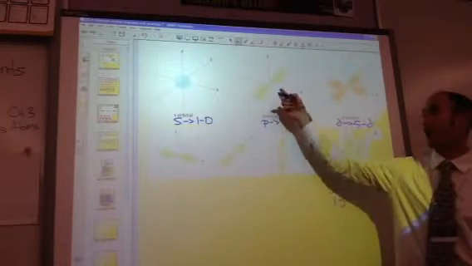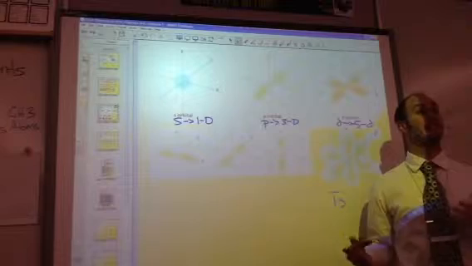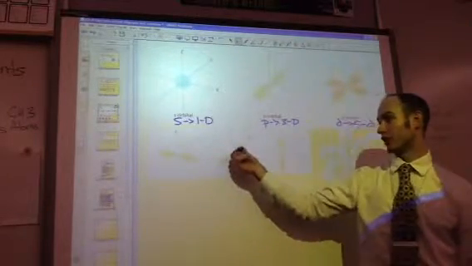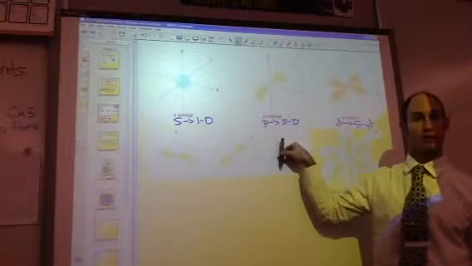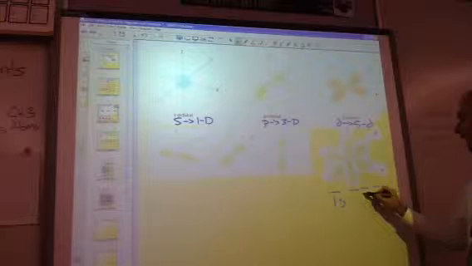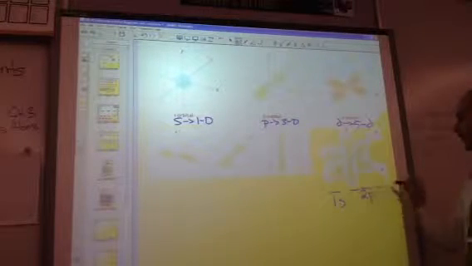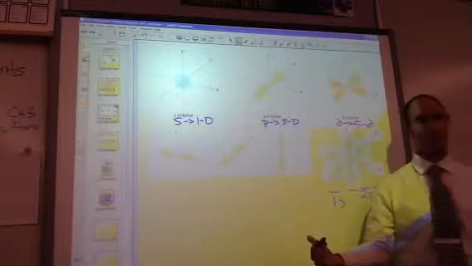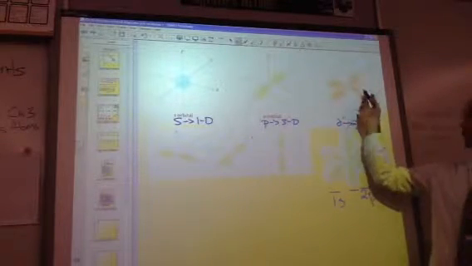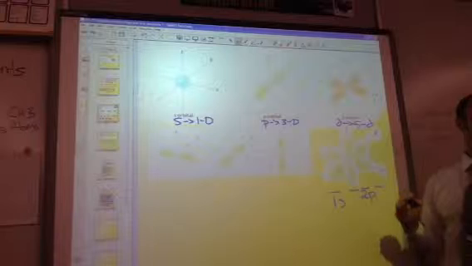P then, a dumbbell, think about it, in its zip code, I can turn it side to side, I can turn it in and out, I can turn it up and down. I can turn it 3 different ways. So I need to represent that with 3 lines. Any P is always going to have 3 lines. And then D, you don't have to know the shape, but this clover shape has 5 dimensions I can turn it on.